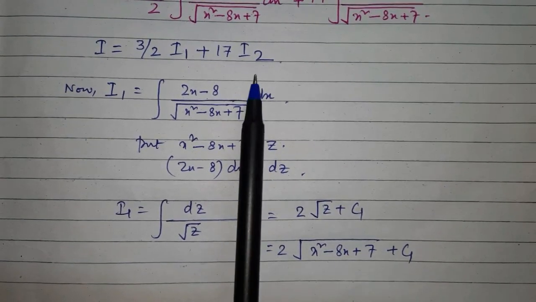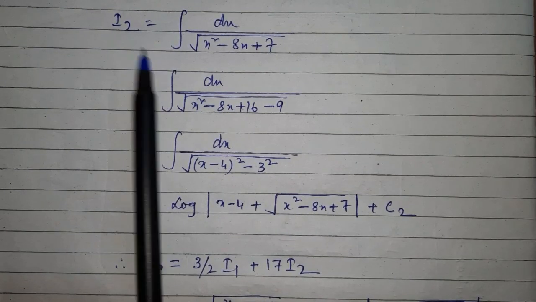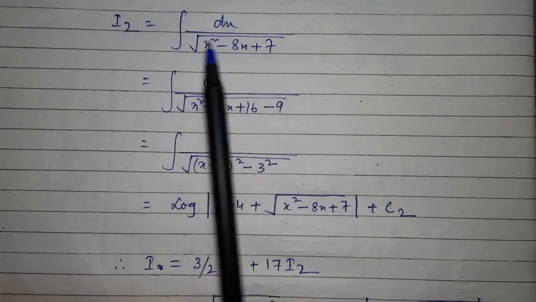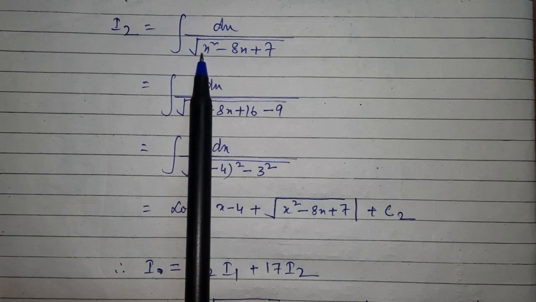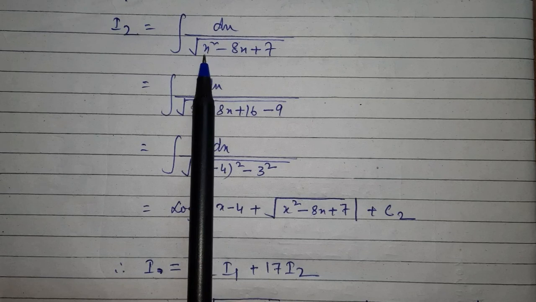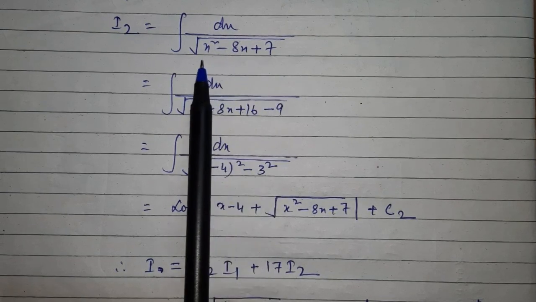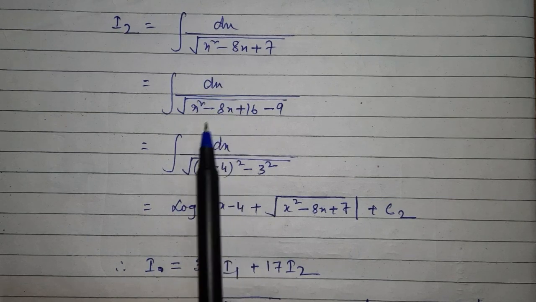Now let's see the second part. I2 is dx by root over of x square minus 8x plus 7. Here the coefficient of x square is 1. If it is 1 or minus 1, nothing to worry, no need to take anything common from the entire expression. We just need to complete the square.